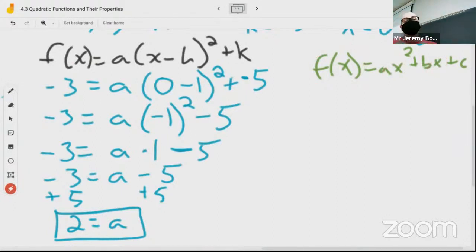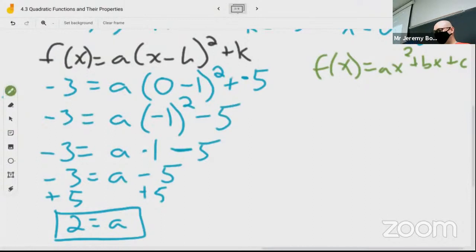And the way that we're going to achieve that is by only substituting in the a, the h, and the k. So we're going to go back to this right here, but we're only going to substitute in the a, the h, and the k. We're going to leave the x and the f of x alone. We're going to let those be general variables.